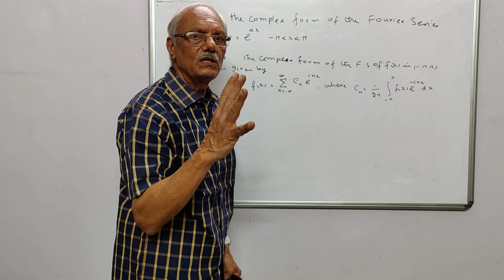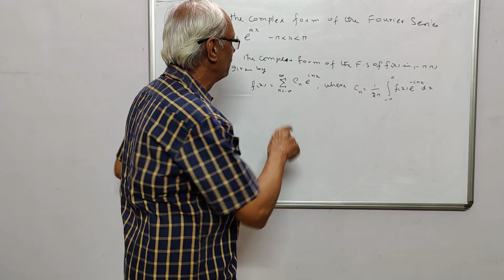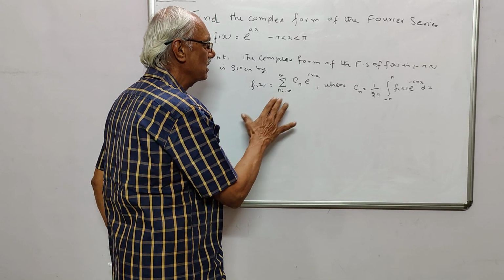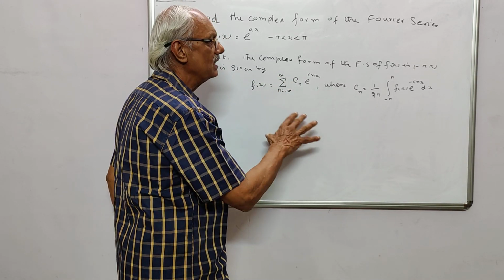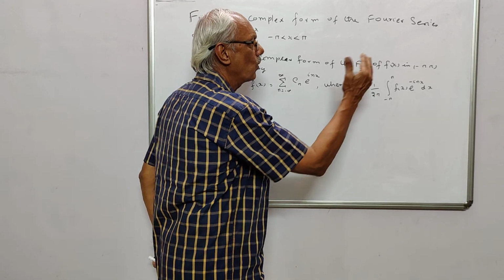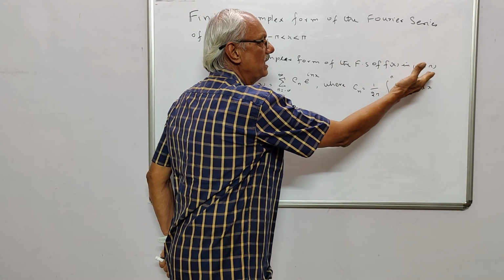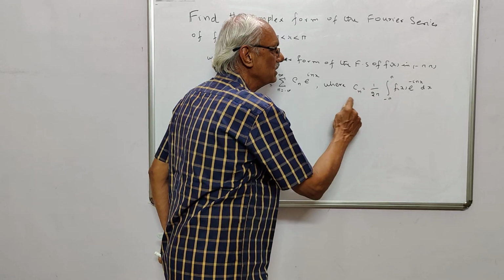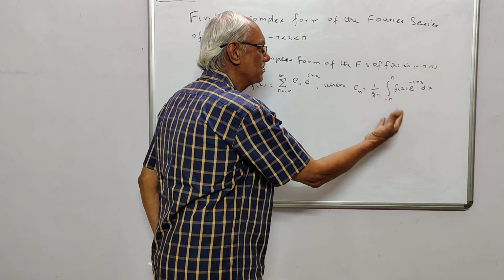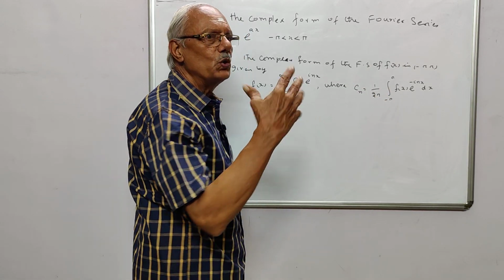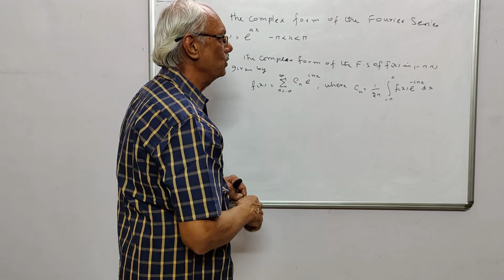So this is the method of doing it. First write the complex form of a Fourier series. Then, according to the interval, you state the Fourier coefficient. Then find its value, substitute here, and you will get the answer. That's all. This is what you should do.